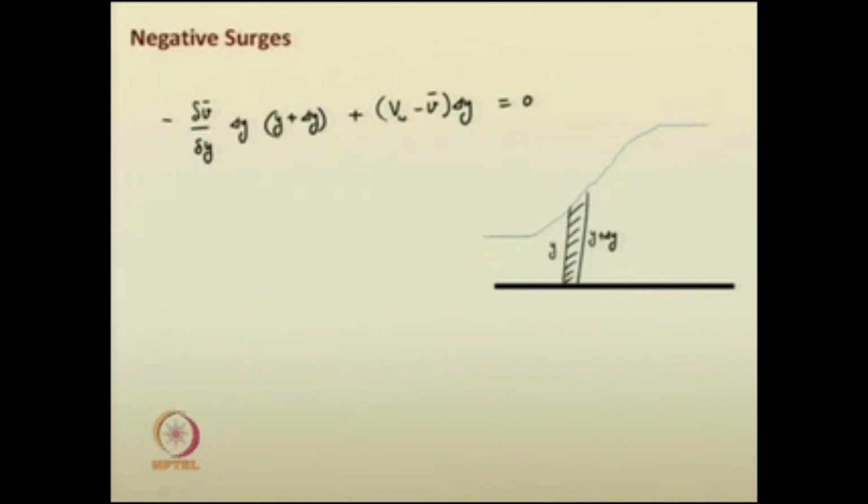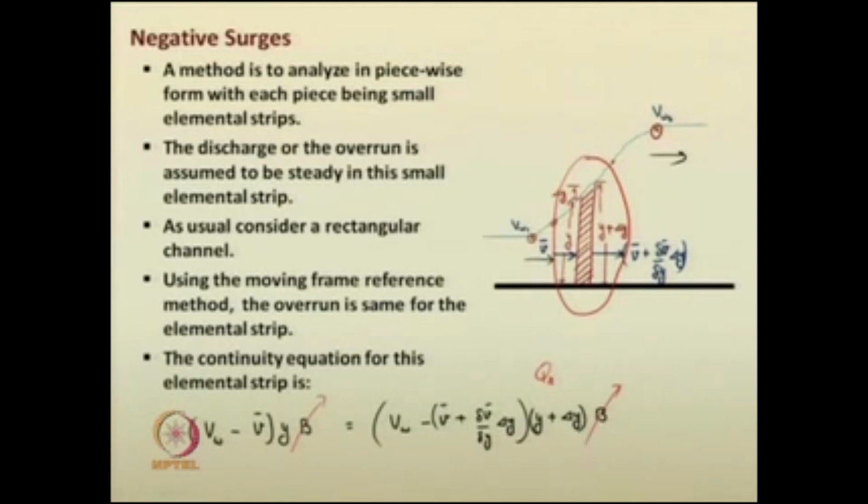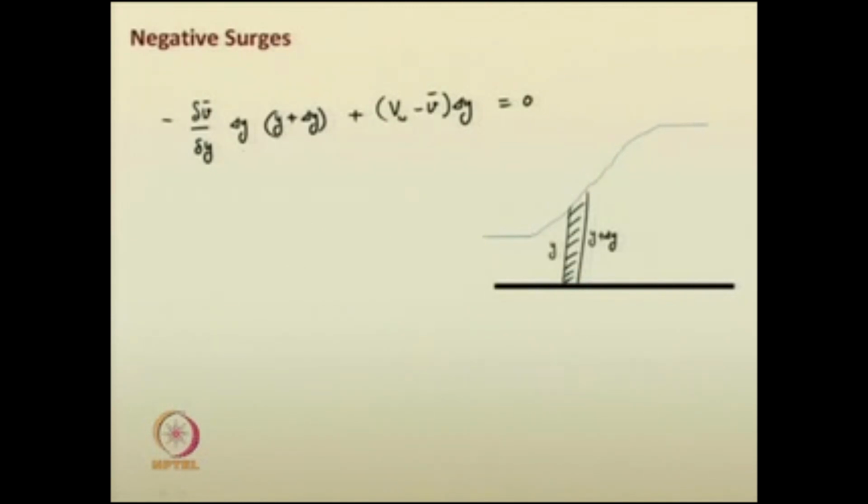You can go through them again, the quantities get cancelled off, and I can write it in the following form: delta V bar by delta y is equal to V w minus V bar by y plus delta y.